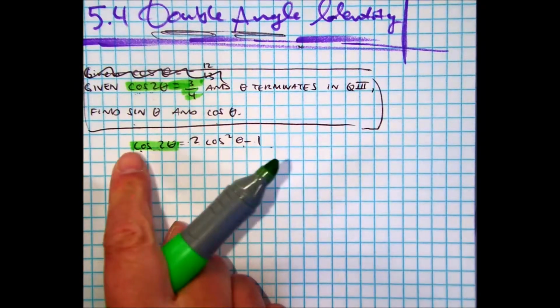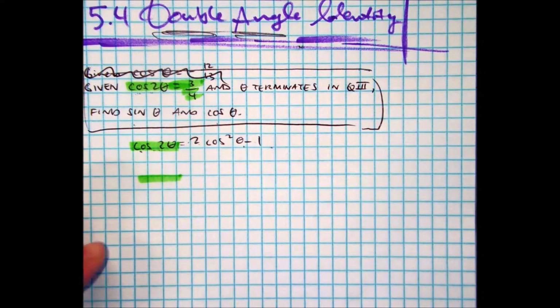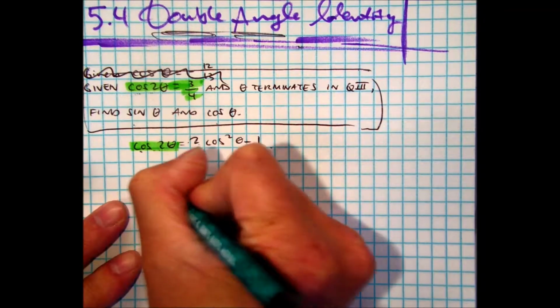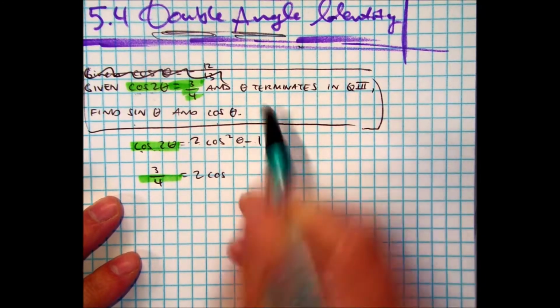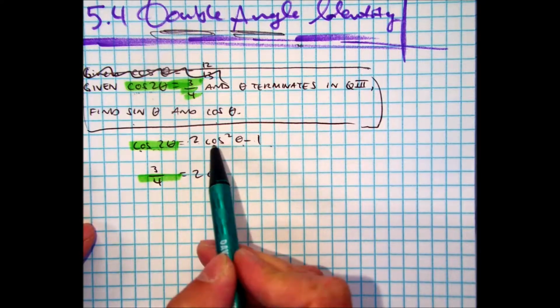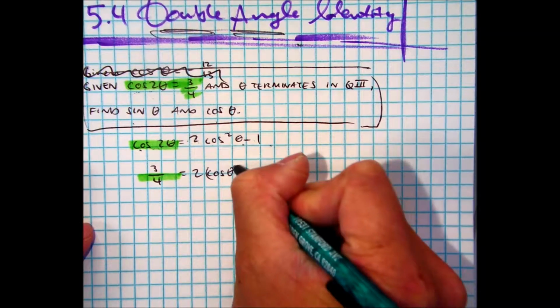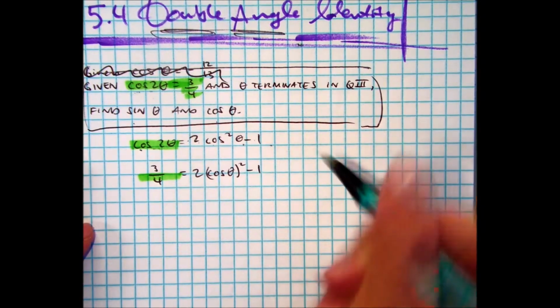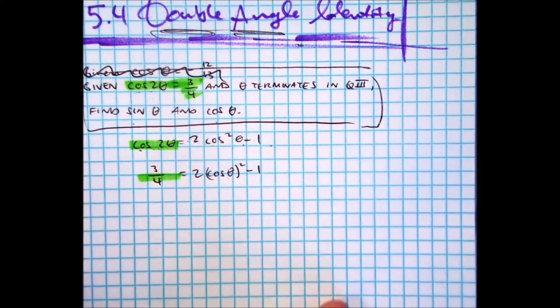So instead of writing cosine of 2 theta, class, what am I going to write there? 3/4. And at the same time over here, now I'm going to write cosine squared theta to be a little bit more friendly. Do you see that? That's really what cosine squared theta means. It's cosine theta times cosine theta.